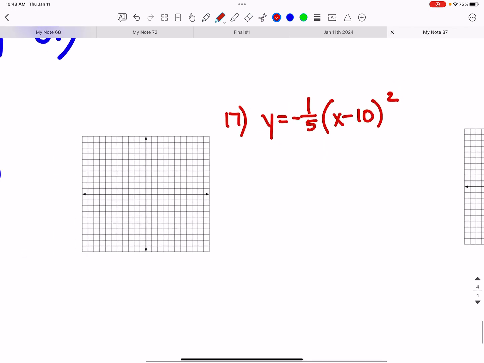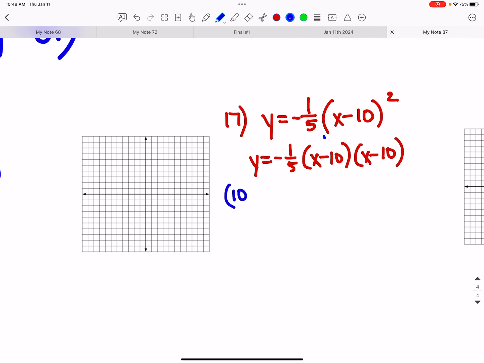So what this means really is that we've got y equals -1/5 times x minus 10 times x minus 10, because it's to the second power. Again, for this one, there's only one number that is going to set these to 0. 10 is the only number that if I plug in 10, it makes this 0, it makes that 0. So when I multiply all these things, it's just going to equal 0. So 10 is the only number, 10, 0.